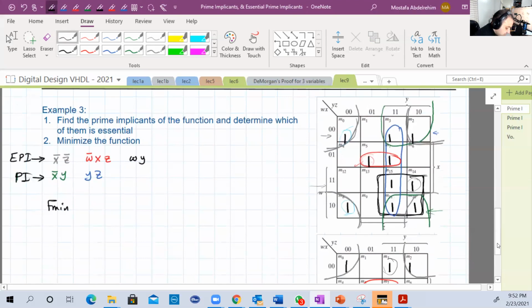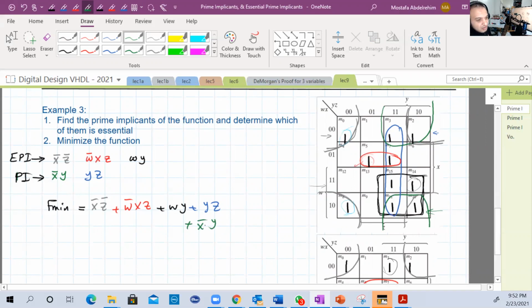So F minimum is equal to the essential prime implicants X bar Z bar plus W bar X Z plus WY, plus YZ or plus X bar Y.